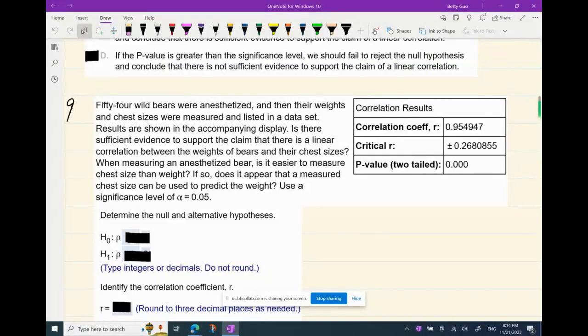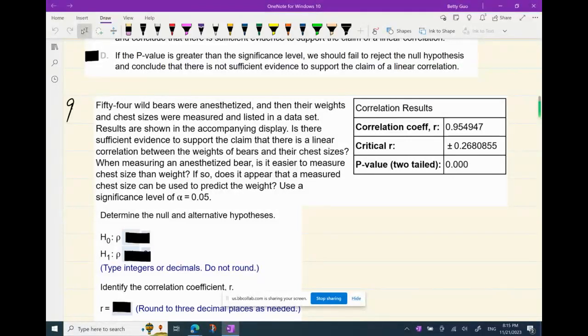Yeah. So 54 wild bears were put to sleep, and then their weights and chest sizes were measured. That's an interesting experiment. They measured their weights and chest sizes and listed them in a data set.